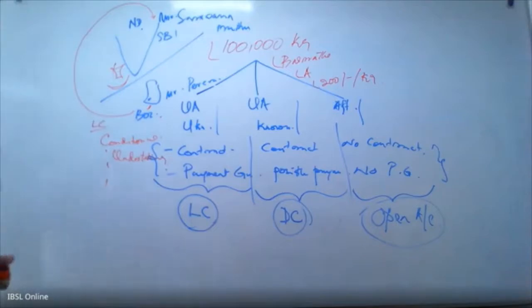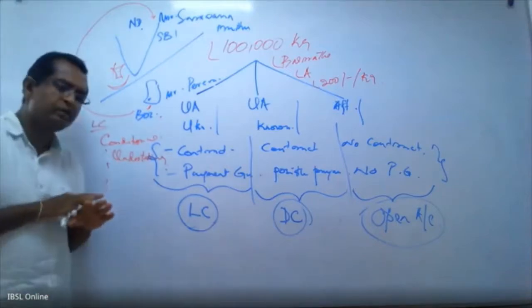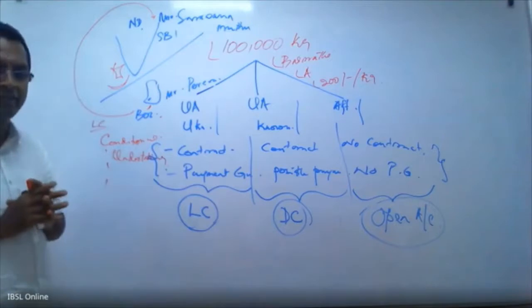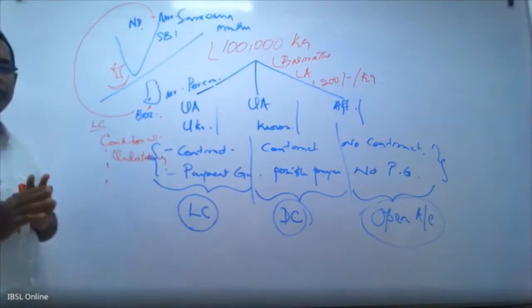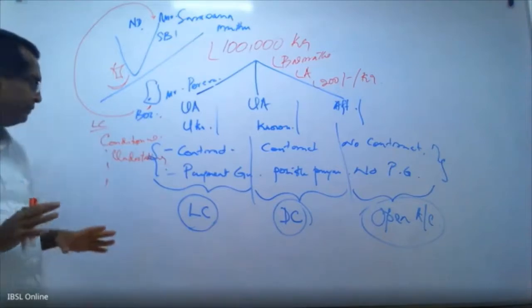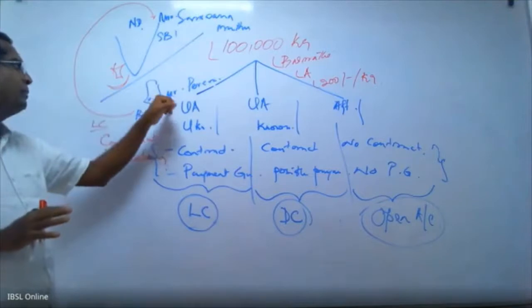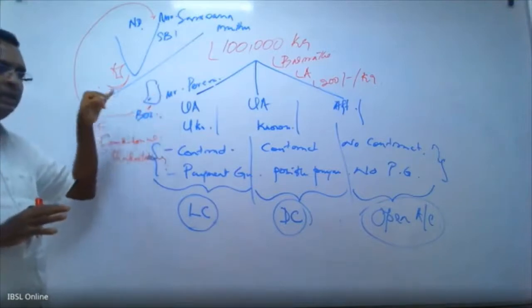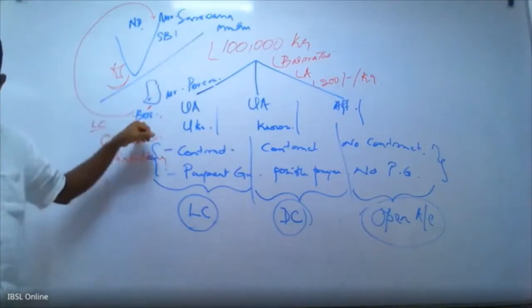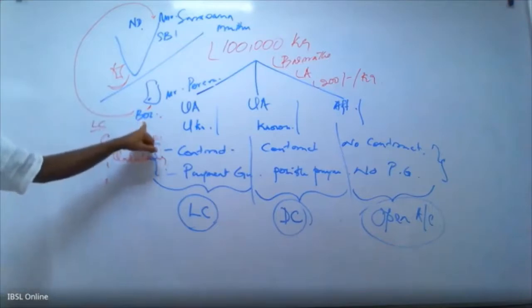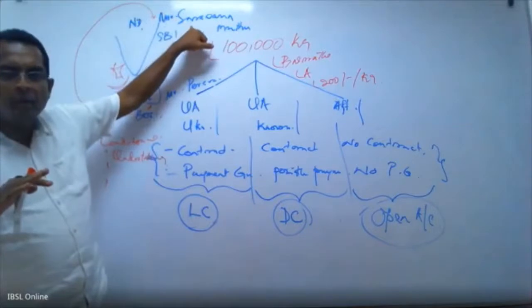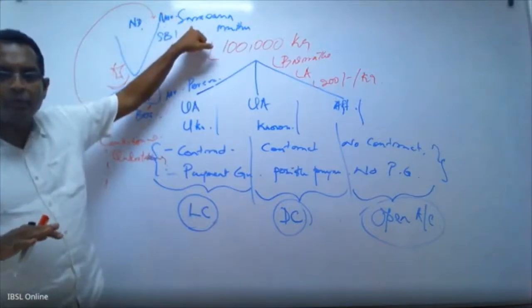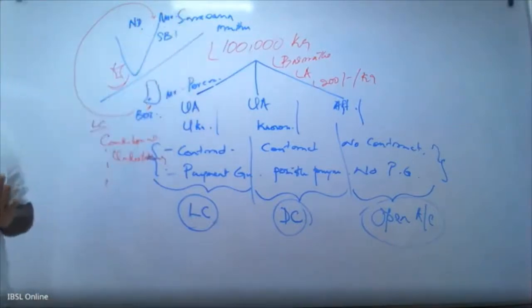Under letter of credit, the bank does not take any responsibility for the goods coming in, the goods in the container or whatever, right? So Mr. Pereira comes to the bank and requests the bank's conditional promise on behalf of Mr. Pereira to Mr. Saravanamuthu to sell the goods.